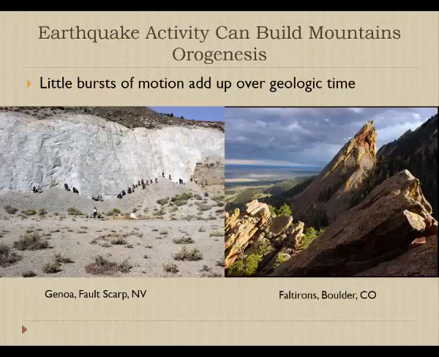So one thing that's particularly interesting about earthquakes is that over time they can actually create really dramatic geologic structures. So far we talked about how volcanoes can be built on the landscape, and we talked about different volcanic processes creating different types of mountains with different shapes and different sizes. But mountains can actually be built by earthquake activity as well. And the name orogenesis refers to this mountain building process.